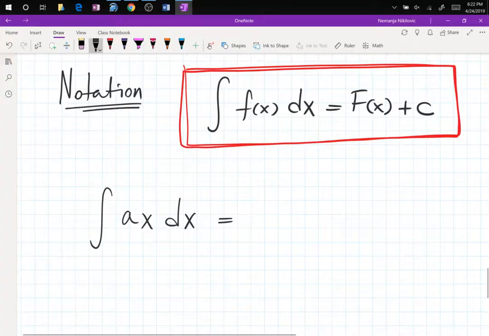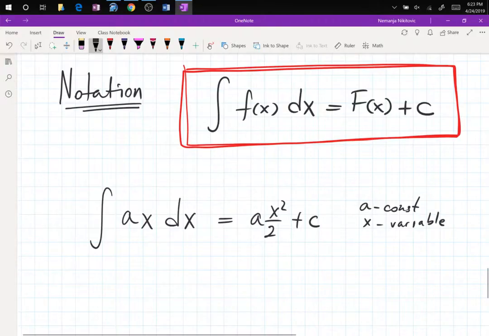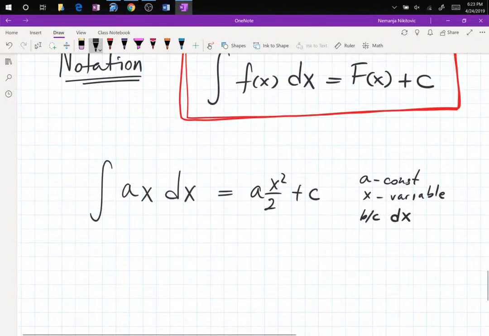So the answer would be ax squared over 2 plus c. A, constant, x, variable. And it is this way because of dx.